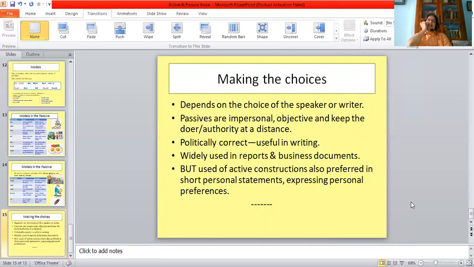I think we can say, however, that nowadays, always using the passive construction is not regarded as a virtue, or overuse of the passive constructions tends to make the writing very artificial sounding and far too impersonal. So that is really not preferable.